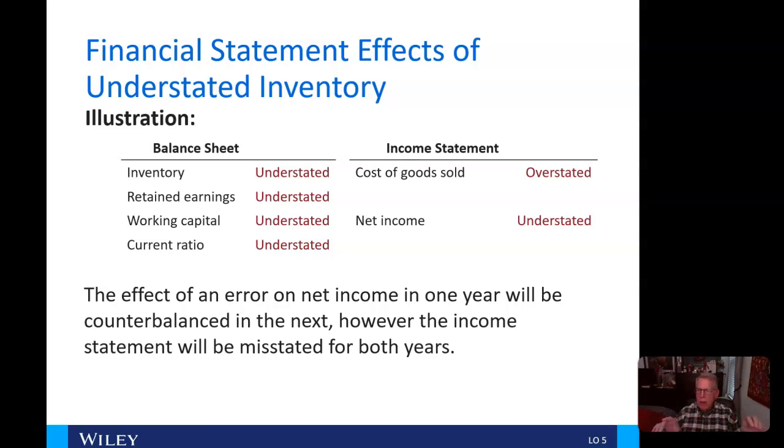So if we use that formula, if we understate ending inventory, that's going to overstate cost of goods sold, understate net income, and understate retained earnings, working capital, and current ratio. And the effects of an error on net income in one year will be counterbalanced in the next. However, the income statement will be misstated for both years, but correct over the course of 2 years.